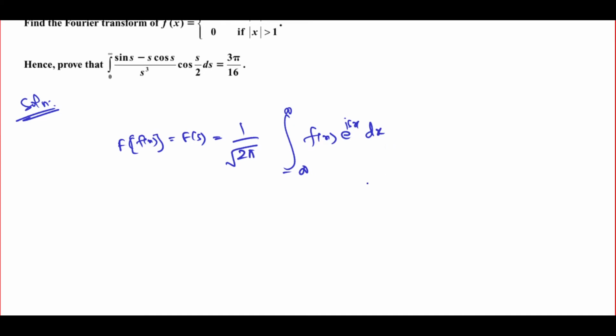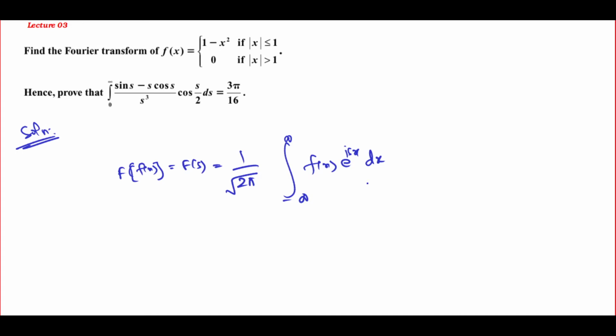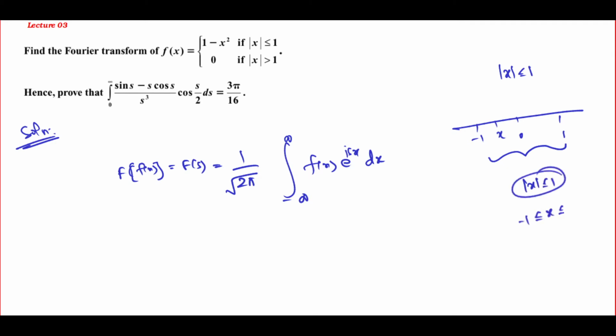Now you see, mod x is less than or equal to 1 only when x belongs to minus 1 to plus 1, right? Because it says mod x is less than or equal to 1, meaning the distance from 0 to x should always be less than or equal to 1. That will happen only if the point x lies between minus 1 and plus 1.